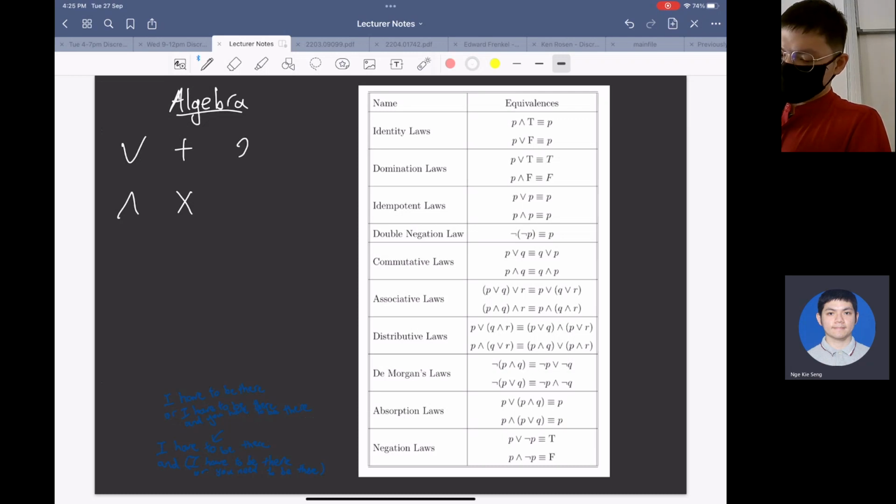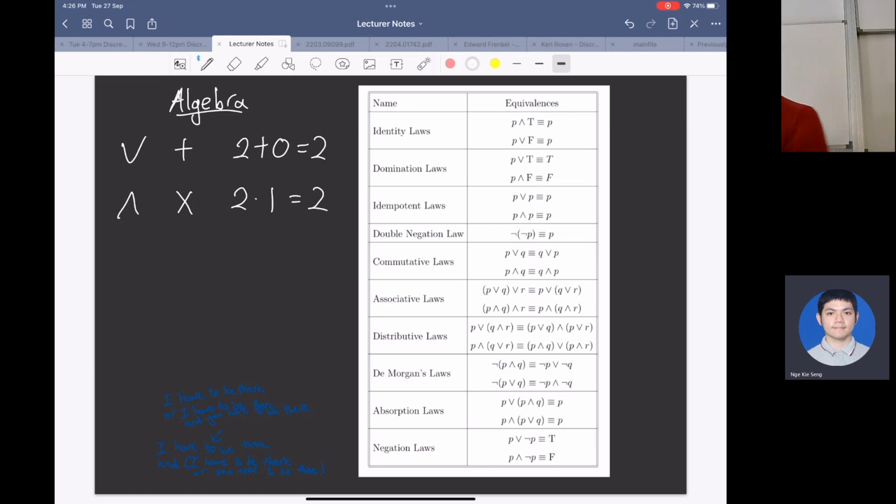For example, if you take any number and add zero, you get the number back. And if you take a number multiplied by one, you get the number back. This is what the identity laws do. If you take a proposition and conjoin it with a true statement, T, you will always get back P. Similarly, if you take P and disjoin it with a false statement, you will always get P.